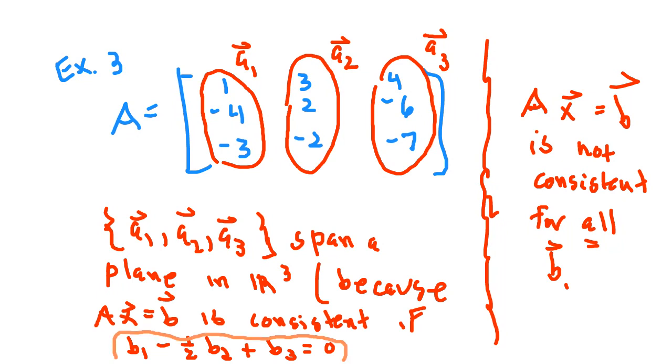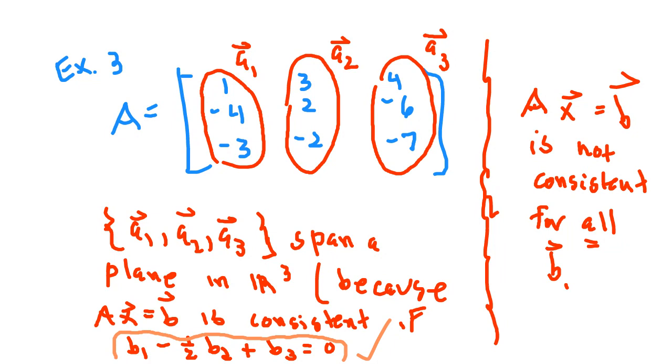In other words, any vector B whose coordinates satisfy this condition would make the system AX equals B consistent. But this restriction means the vectors that satisfy it are vectors that lie in a plane. If you were to find all the possible coordinates that satisfy that condition, all the points would form a plane in R3.